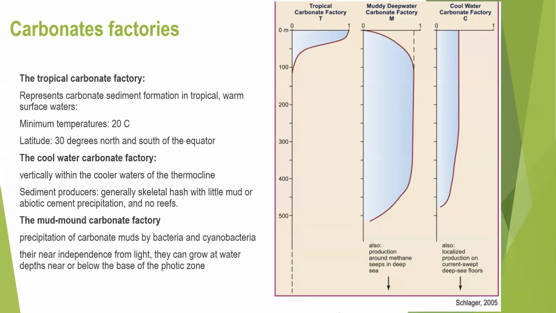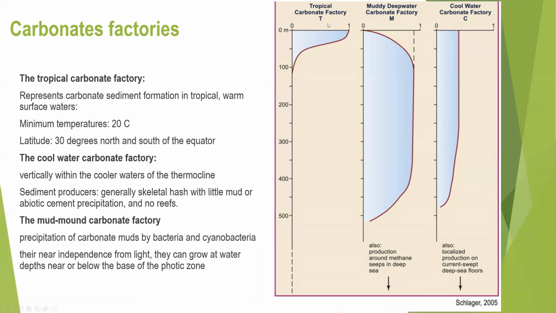Let's look at this image that shows the carbonate factories. We have 3 different carbonate factories. Most of the carbonate actually located in this part. This is the tropical carbonate factories. You can see they are actually dependent on the light and also the photosynthesis and also the agitation of the marine system.